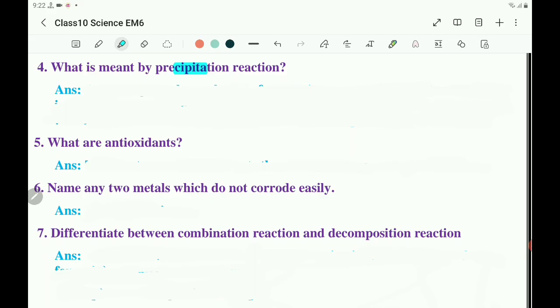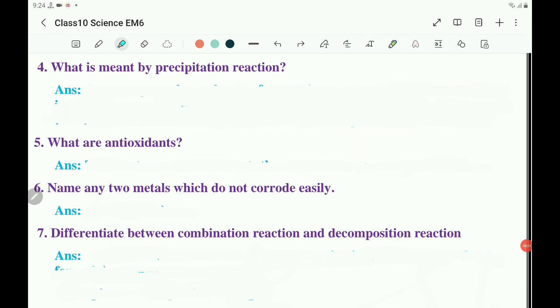Here the main thing is forming insoluble substances.